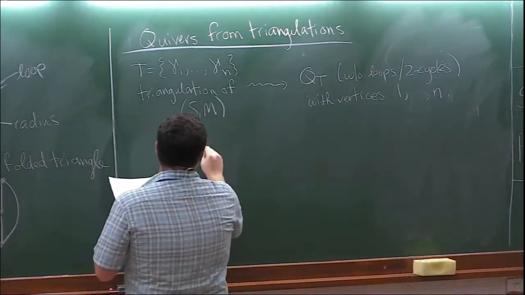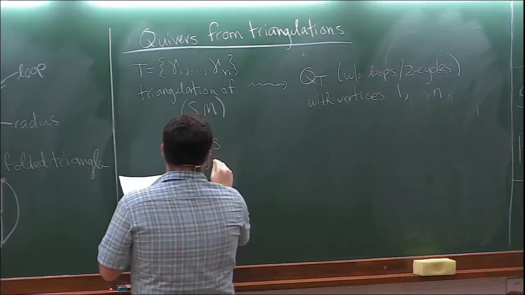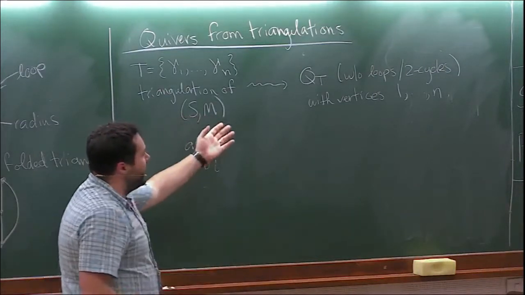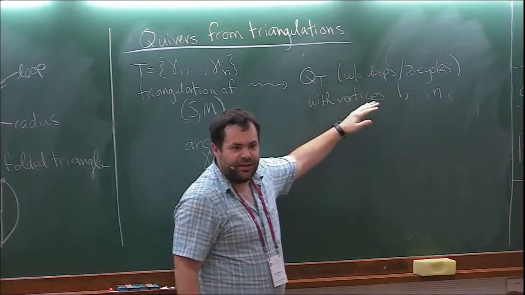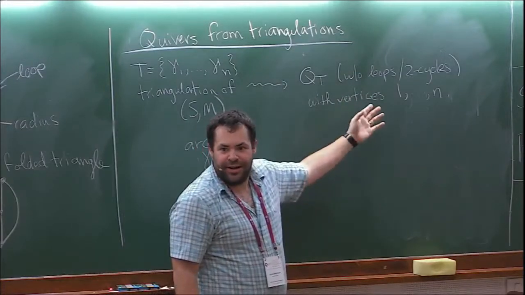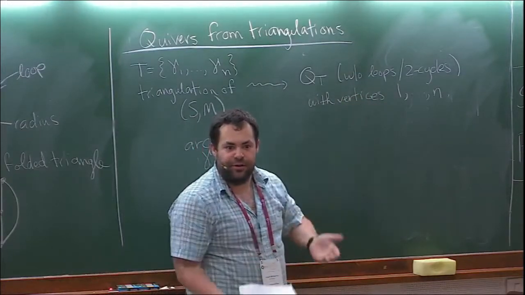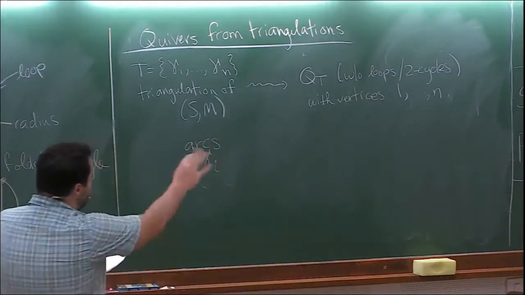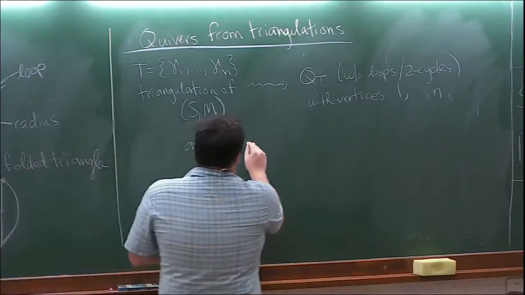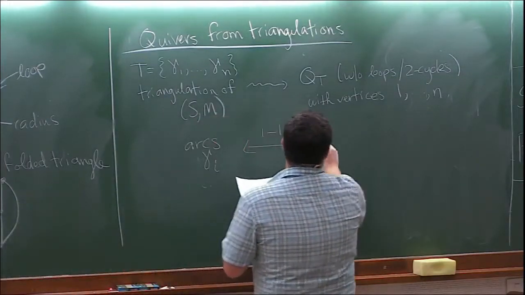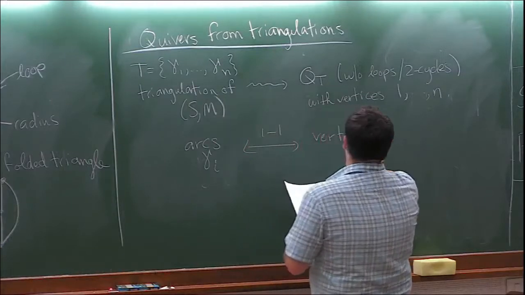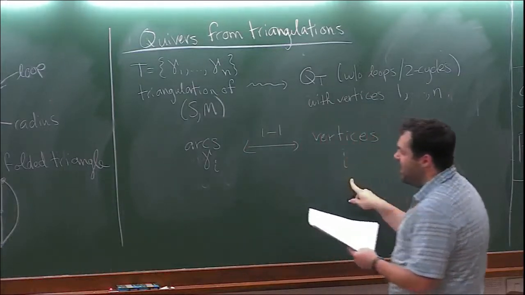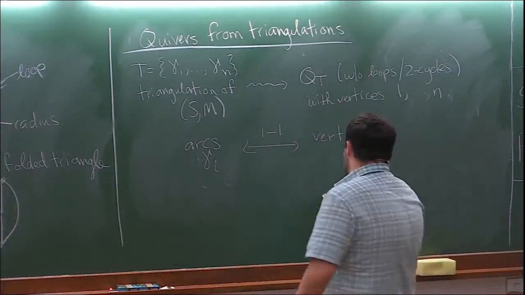These are the mutable ones, right? So I'm going to have a mutable vertex for every arc, and a frozen one for every boundary component. I'm just talking about the mutable ones right now. For a vertex i, I'm going to associate an arc gamma i.